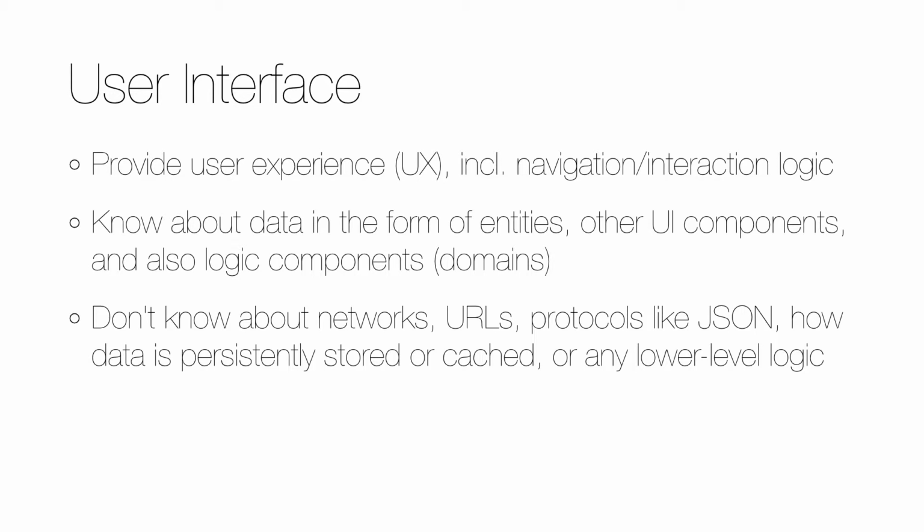But the user interface should never know about networks, URLs, protocols like JSON, or even key value pairs derived directly from JSON. They shouldn't have to worry about how data is persistently stored or cached or any other lower level logic.